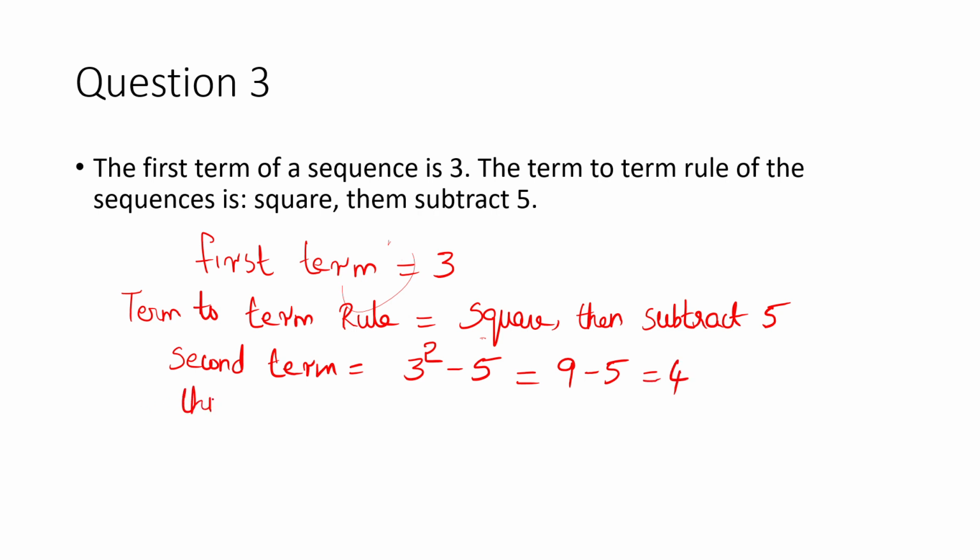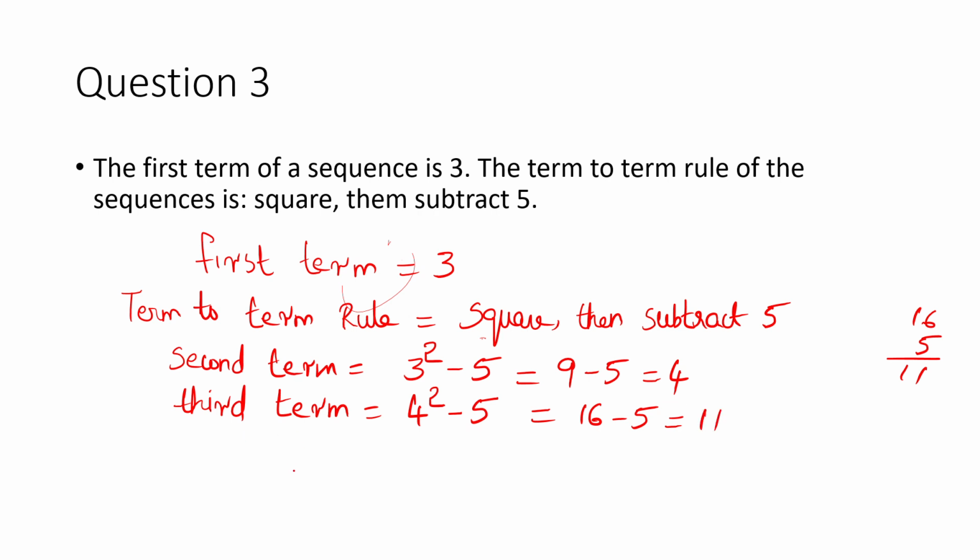How will I get the third term? Third term equals the second term: I have to square and subtract 5. So 4 square is 16, and 16 minus 5 is 11.